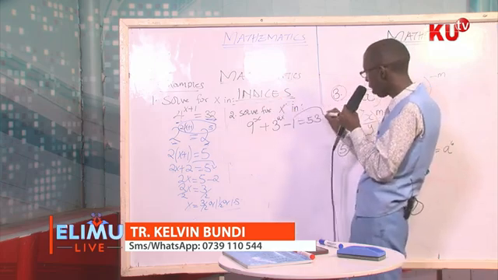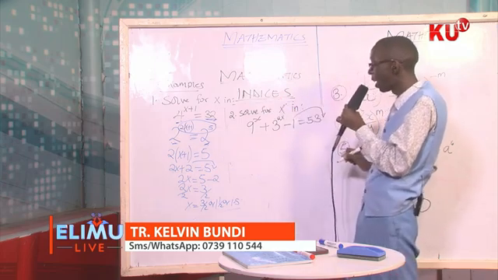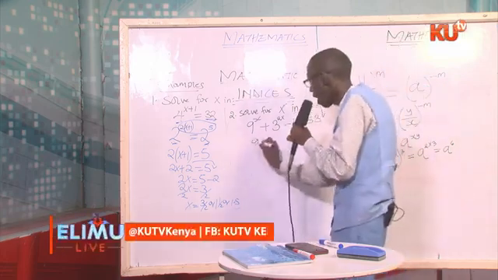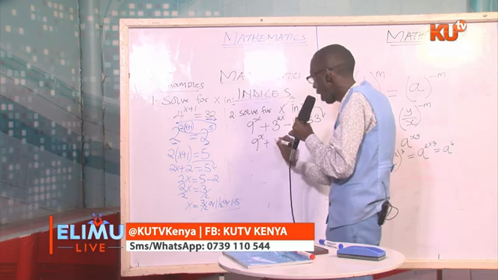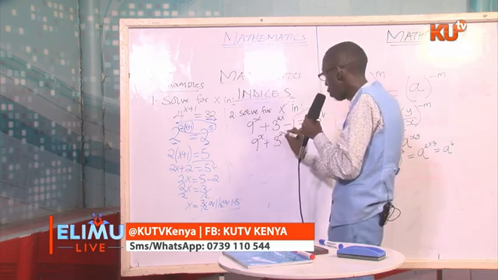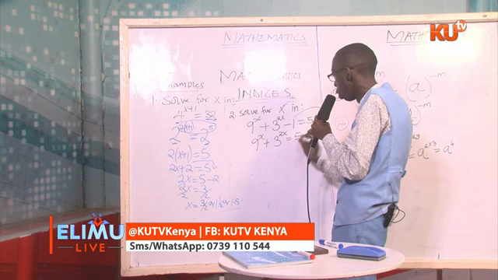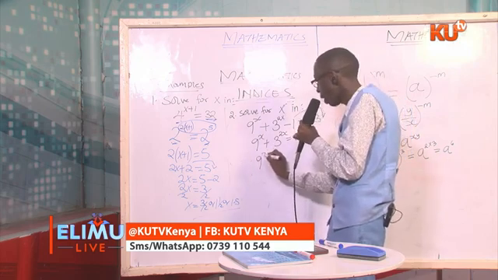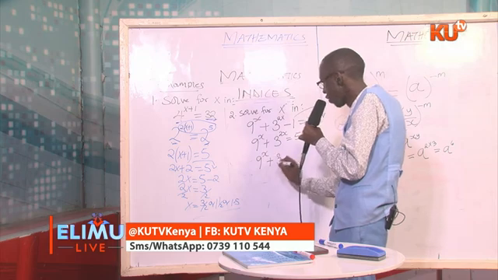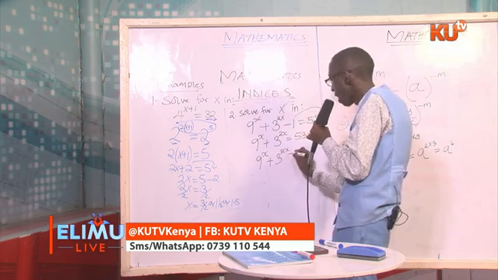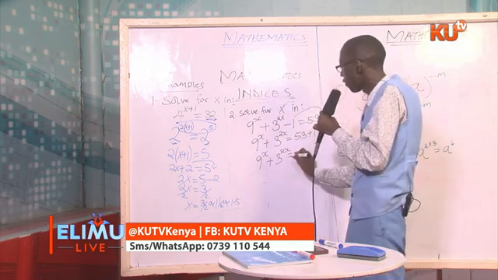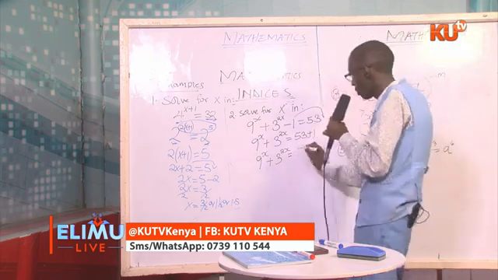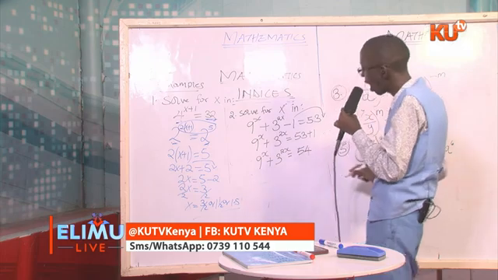So the first step: take 1 to the other side, it was negative, it's going to be positive. 9 to power x plus 3 to power 2x is equal to 53 plus 1, which is 54. That is the first step.